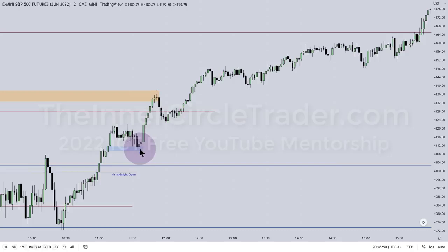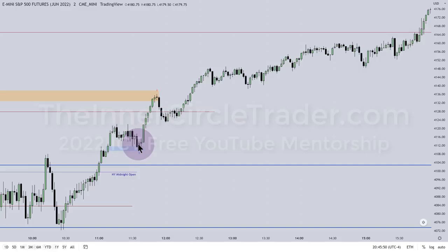How long did it take before this move started to be delivered to the upside after it went into the fair value gap? Well, each one of these candles is 2 minutes, right? So it went into it here, so that's 4 minutes, and then 6 minutes, and then it starts delivering 6 minutes after hitting it.